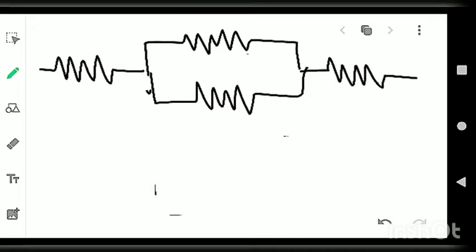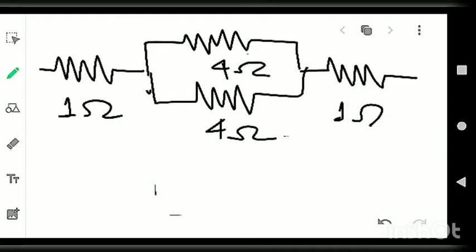Here the first resistance is 1 ohm. These two are in parallel, both 4 ohms, and this one is 1 ohm. Then how to solve this problem?